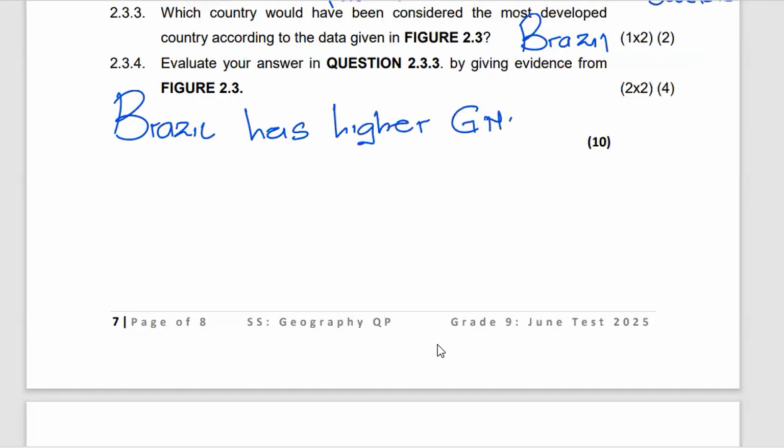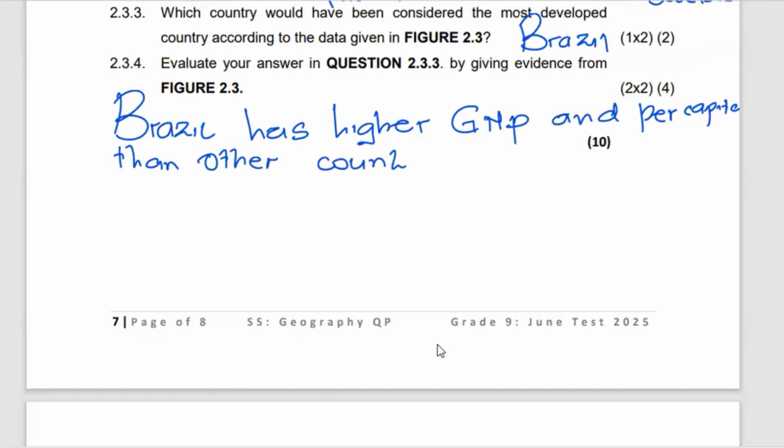Evaluate your answer in question 2.3 by giving evidence. The evidence here is Brazil has higher GNP per capita than other countries.